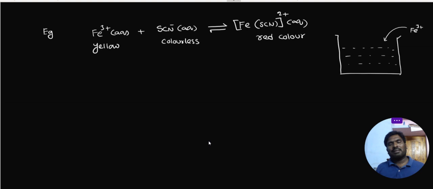Higher to lower means the backward direction takes place, so finally this solution will become a more intense yellow color. Understood or not? By observing the color of the solution, we can easily identify whether it is the forward or backward direction. So this is a very important example, the best example. Clear?